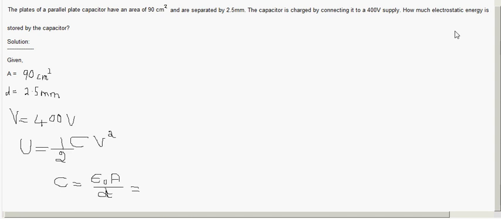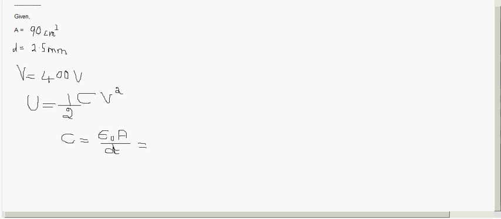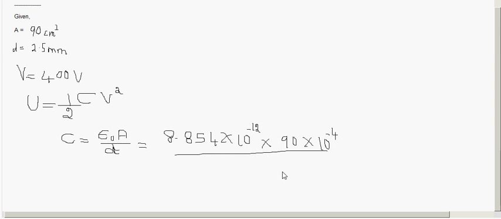8.854 into 10 to the power minus 12 into A. A is 90 into 10 to the power minus 4 meter square divided by 2.5 mm.